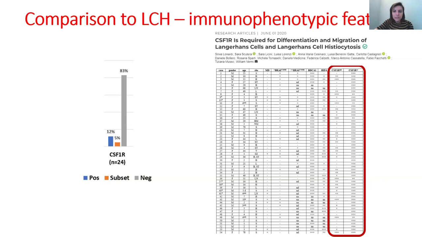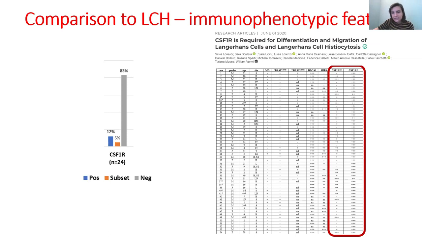And regarding comparison of the immunohistochemical features, we noted that most of the cases were actually negative for CSF1R expression in indeterminate dendritic cell histiocytosis, shown on the left-hand side. So this was from our study, from our cohort. It's about 83% of the cases actually were negative for CSF1R expression in the tissue biopsies.